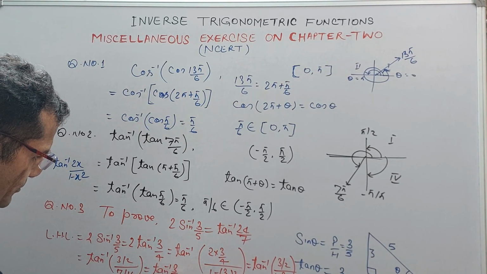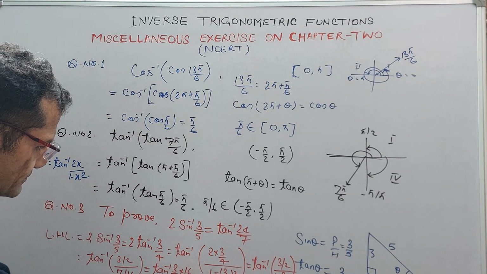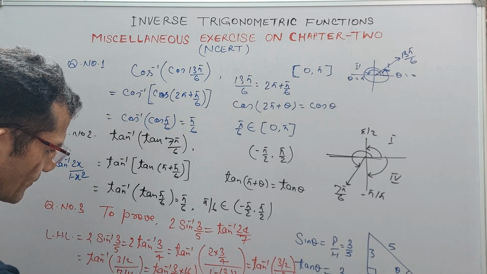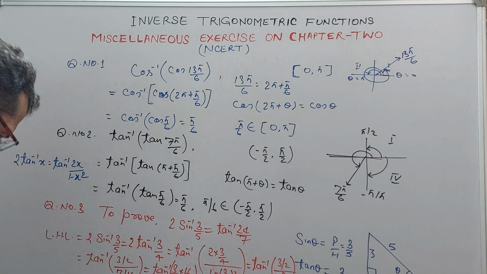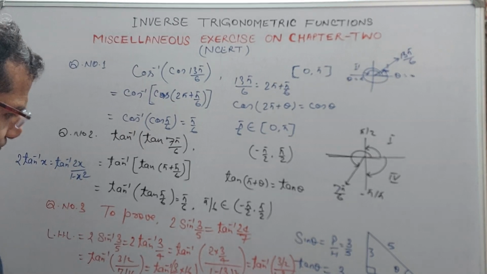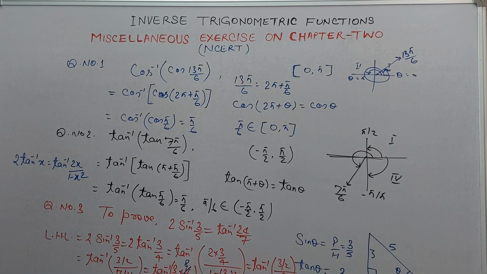So 3 by 2 multiplied by 16 upon 7, and replace this. So now this comes out 24 by 7. 24 by 7 is the answer of this question.